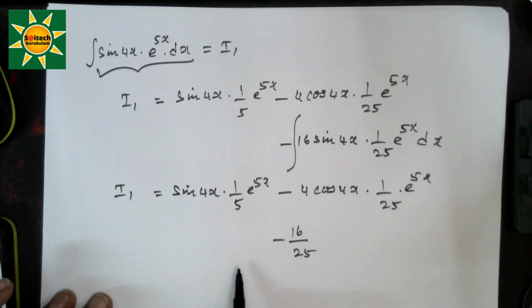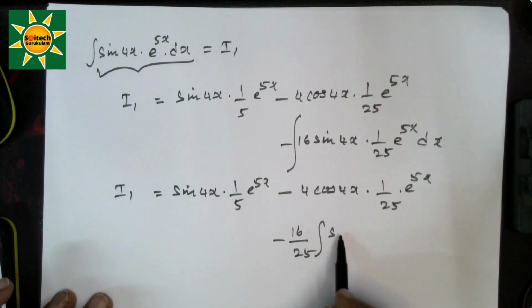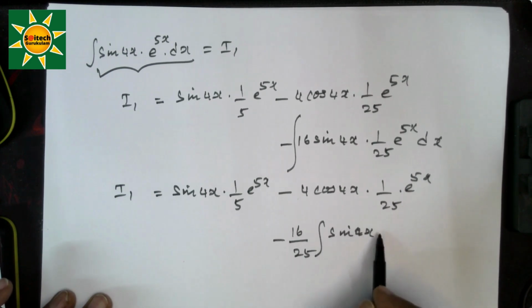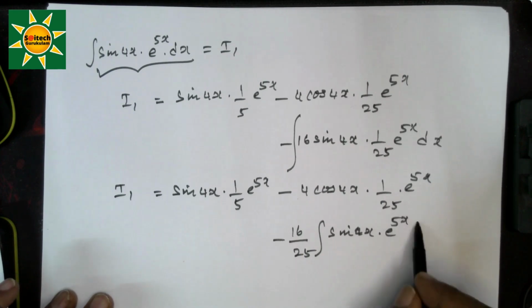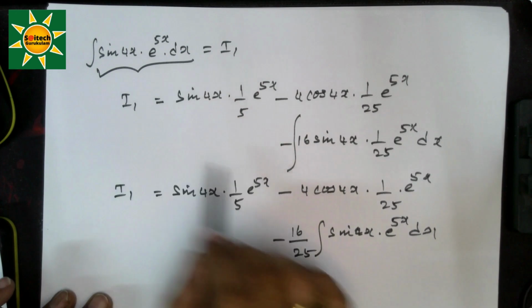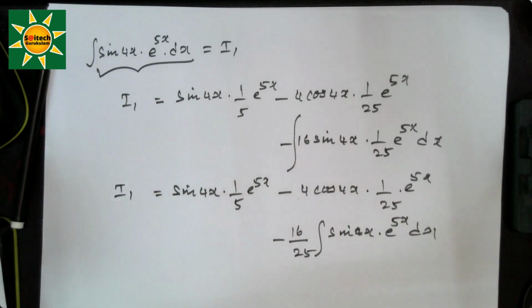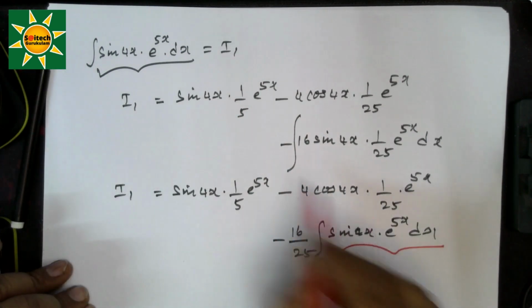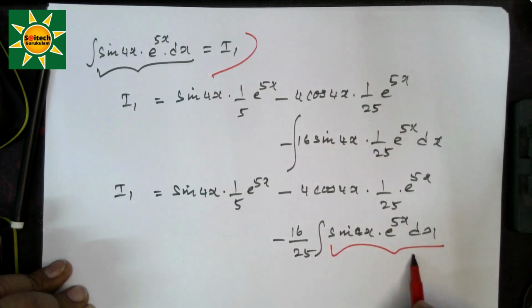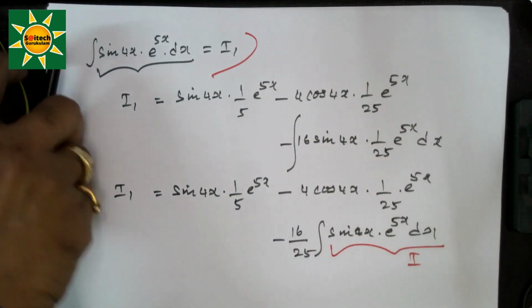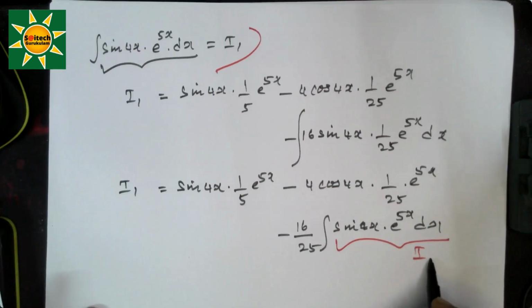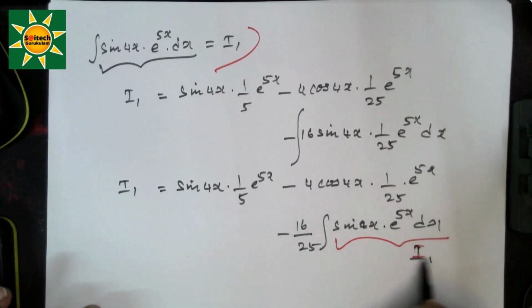So it becomes sine 4x of e power 5x dx. This is nothing but our I1, is it not? So we can comfortably replace this by I1.